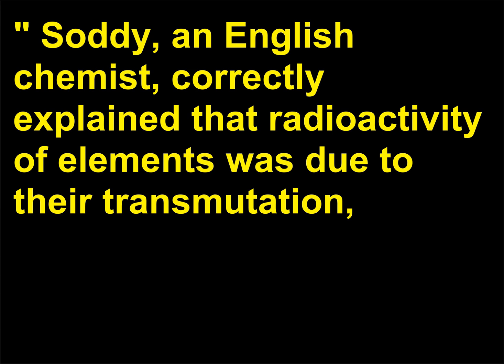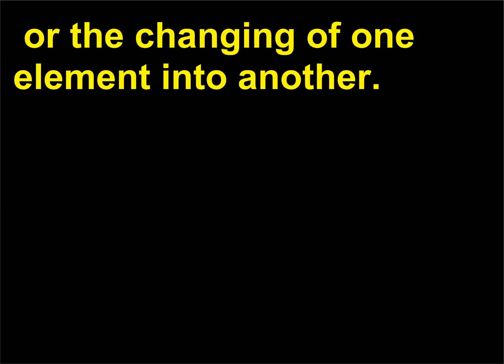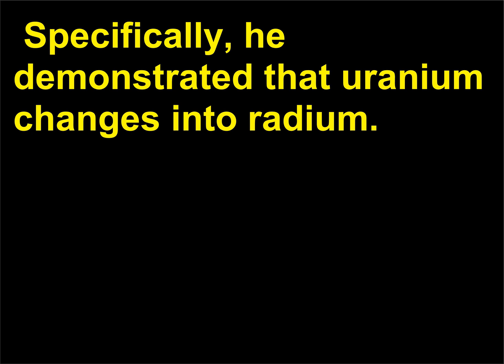Soddy, an English chemist, correctly explained that radioactivity of elements was due to their transmutation, or the changing of one element into another. Specifically, he demonstrated that uranium changes into radium.